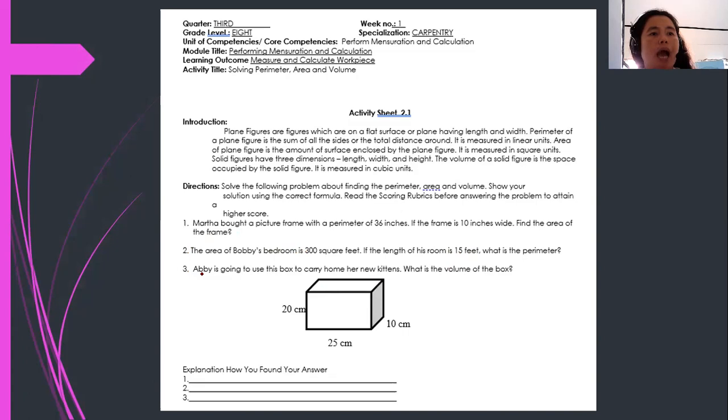Number 3, Abby is going to use this box to carry home her new kittens. What is the volume of the box? Wherein the length is 25 cm, the width is 10 cm, and the height is 20 cm. Then after that, explain how you found your answer in number 1, number 2, and number 3.